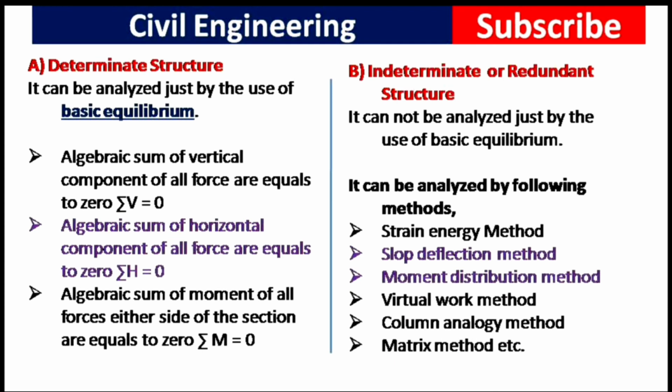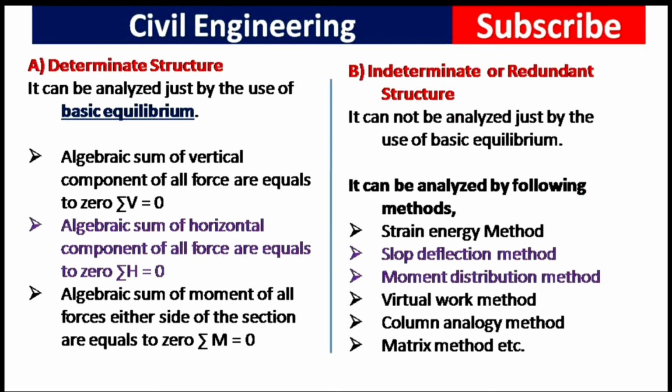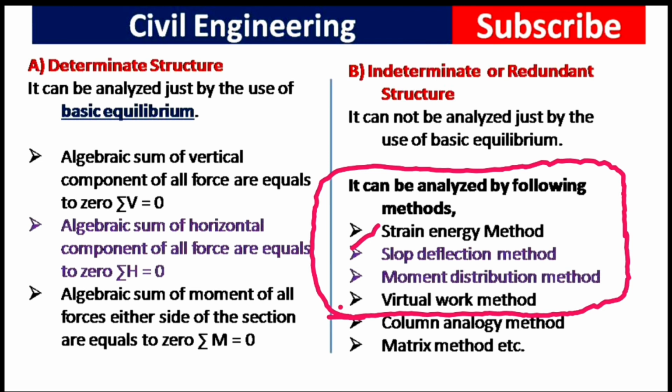There are also other methods to analyze this structure, but we only study these types of methods to analyze the indeterminate or redundant structure. But in most cases we can use these 4 methods to analyze the structure, and in further videos I will explain all these methods to analyze the indeterminate structure.